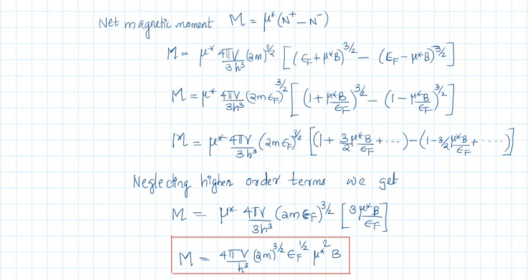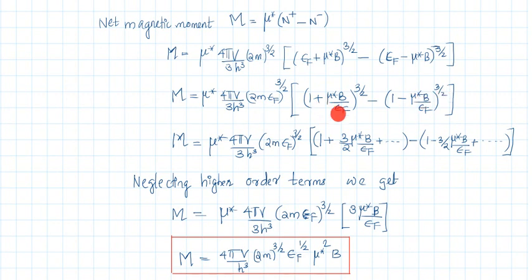You can take EF outside the bracket, then you get M equal to mu star 4 pi V by 3h cube 2m EF raised to 3 by 2 into 1 plus mu star B by EF whole raised to 3 by 2 minus 1 minus mu star B by EF whole raised to 3 by 2.